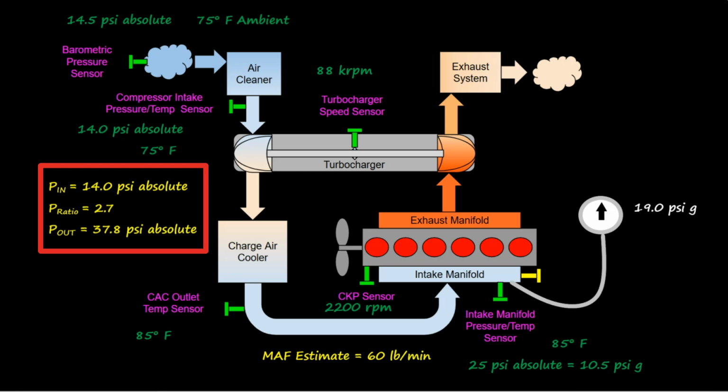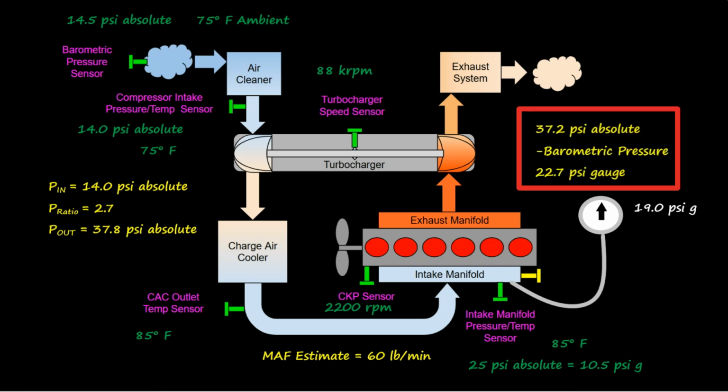And then, of course, if we subtract 0.6 of a psi from this for the CAC pressure drop, that's going to leave us about 37.2 psi absolute, which is the estimated MAP. Or if we convert that to gauge pressure, we're going to see about 22.7 psi gauge estimated boost.